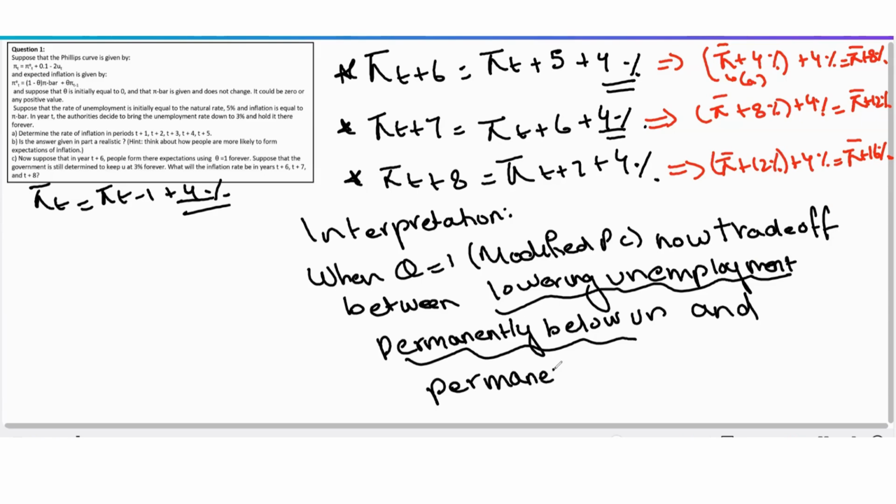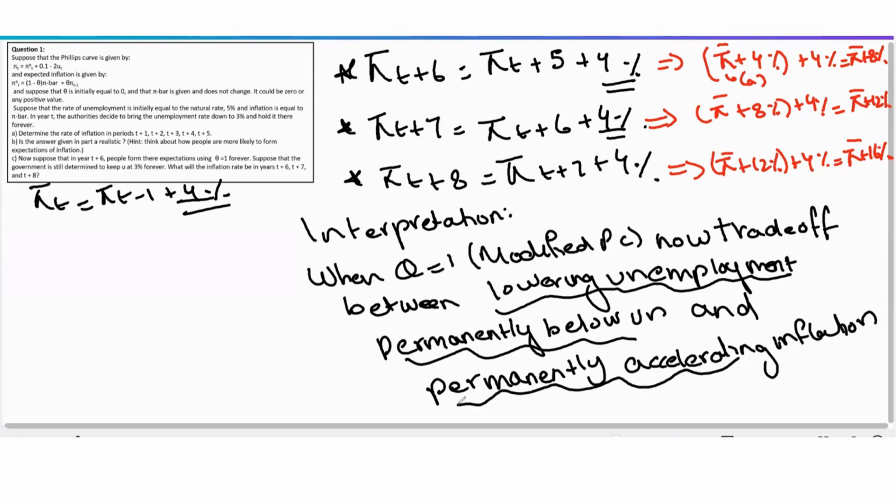In that case, when you tried to lower unemployment from 5 to 3%, you kept it at the lower level forever. Then inflation went up to a higher level and stayed at that high level forever. It wasn't increasing. But here, when you try to lower it, we can see every year it's increasing by 4 percentage points. So it's permanently accelerating inflation, right? So the trade-off is between lowering unemployment permanently below UN and permanently accelerating inflation, right?